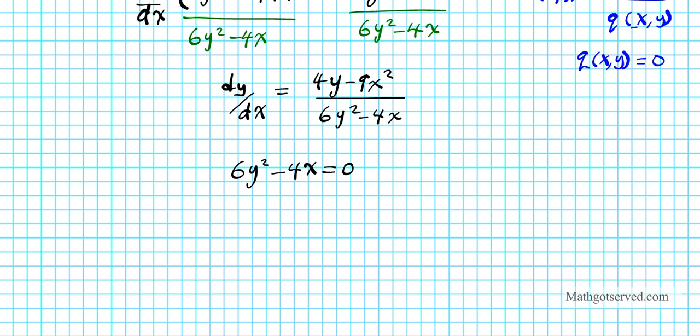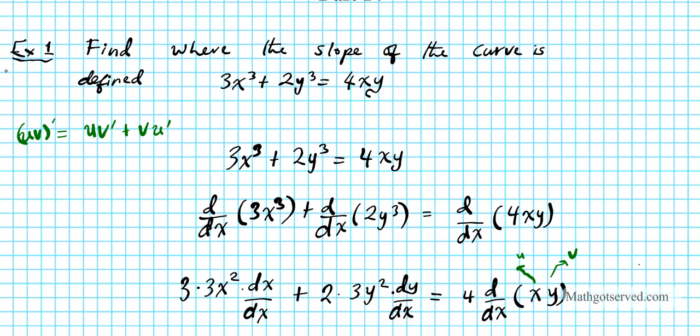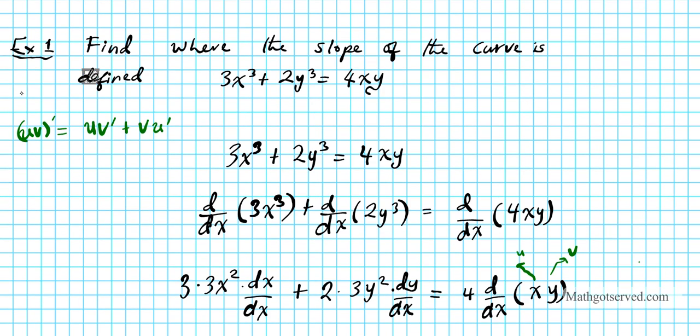So what I'm going to do, we could add 4x to both sides. So we have 6y squared equals positive 4x. Can divide both sides by 6. We have y squared equals 4 over 6 x.